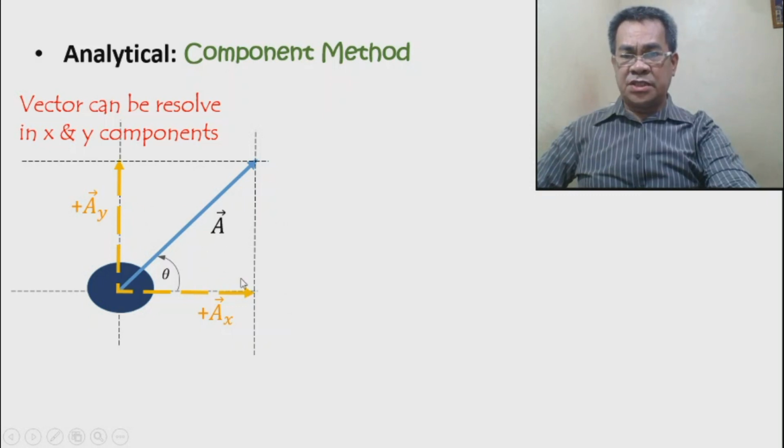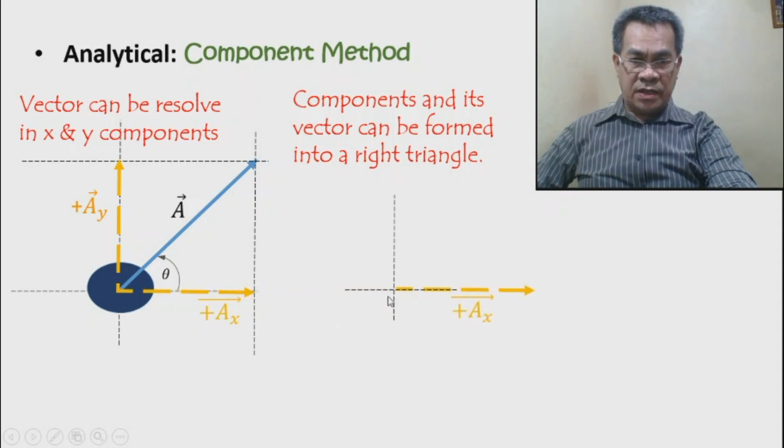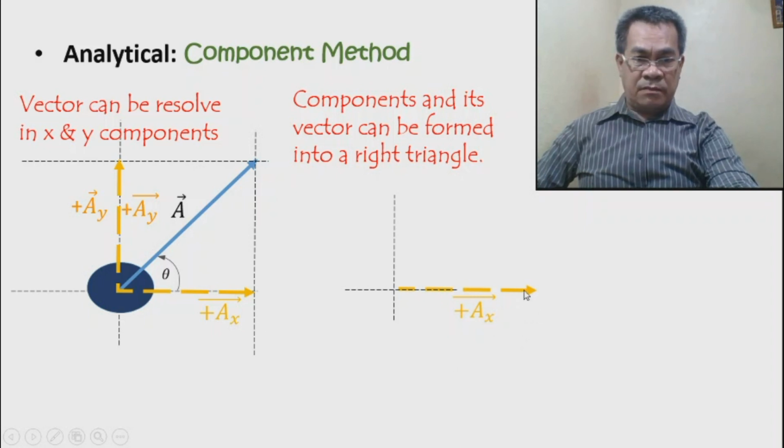In order to solve for these components, we need to use the polygon. Take note, these are concurrent forces. So we can create a polygon out of these three vectors: 1, 2, 3. Vector A, the x component, the y component. Do it the same as in our previous lesson. You have to decide the point. So we will construct the vector Ax, then connect the y component at the tip of the x.